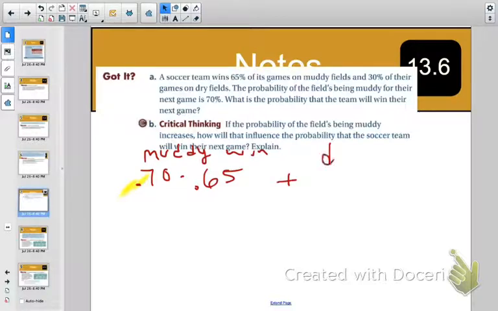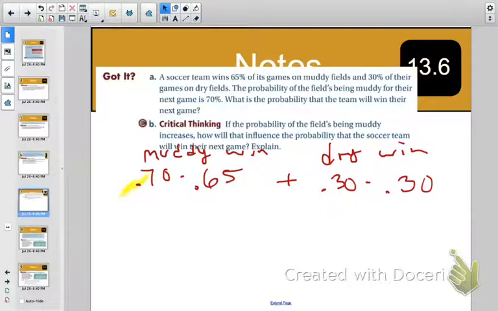Plus, now we have to do the dry win. If there's a 70% chance it's muddy, that means there's a 30% chance it won't be muddy. So 30% times, and they only win 30% of their games on dry fields, which is kind of weird, but it's alright. So then we're just going to add those together.